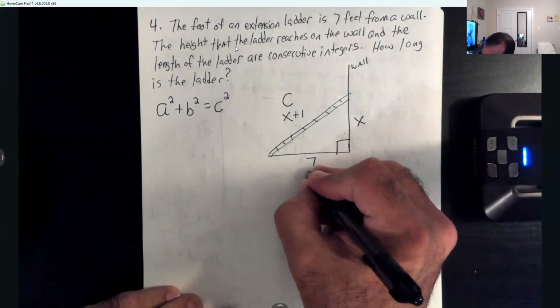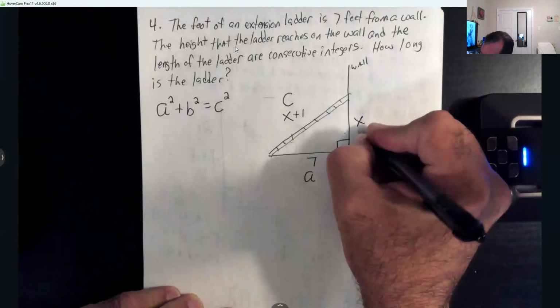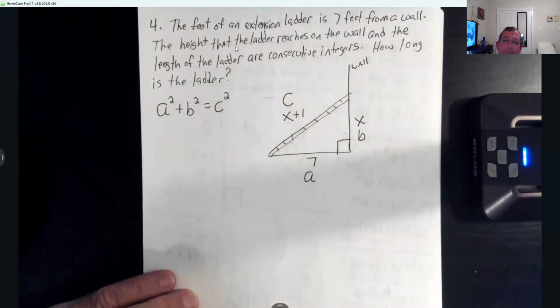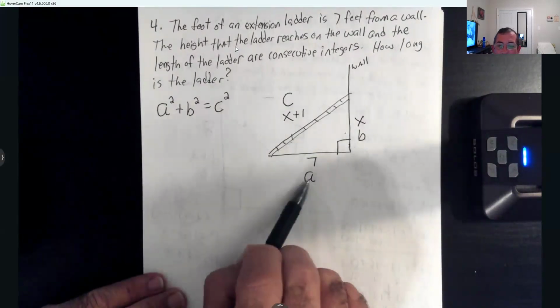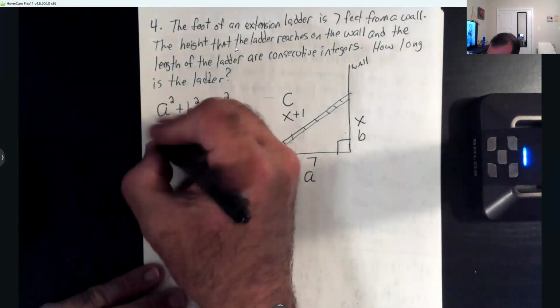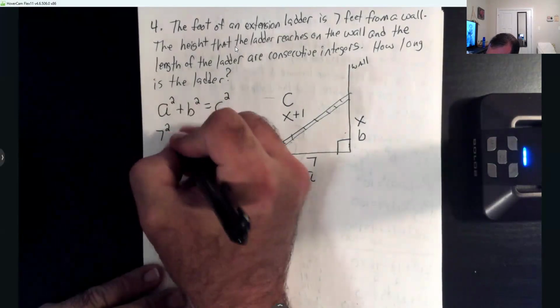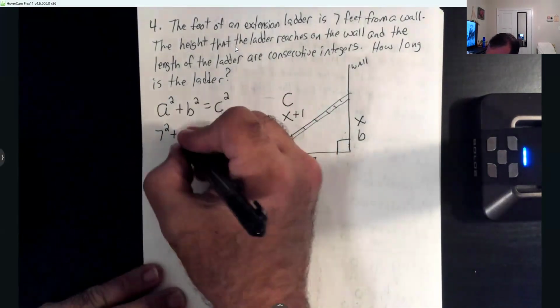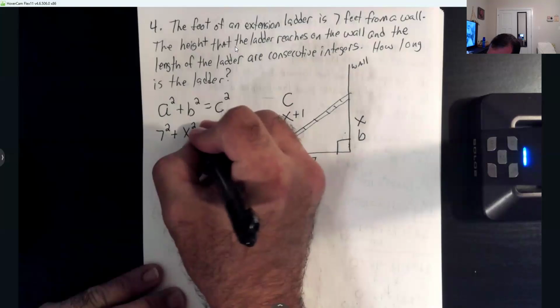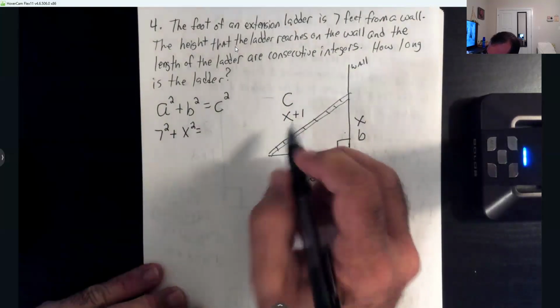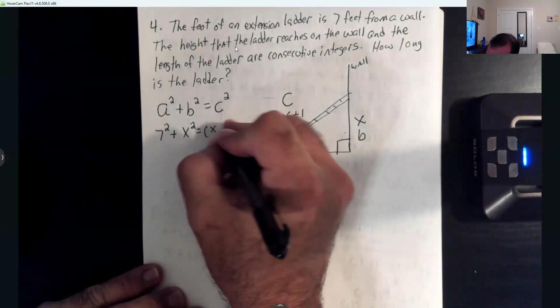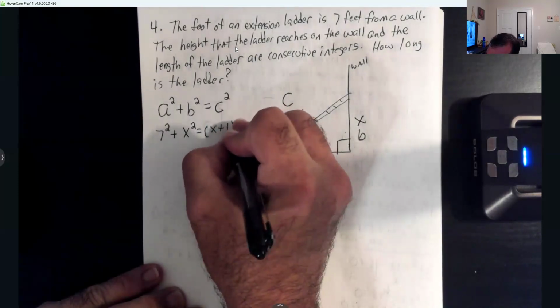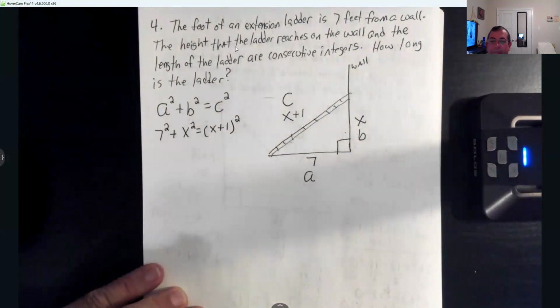So y'all, I'll let this be a, and that be my b. So let me fill in for a, that was 7. So I'm going to have 7 squared plus b, which was x squared, is going to equal c squared, which is the x plus 1 squared.